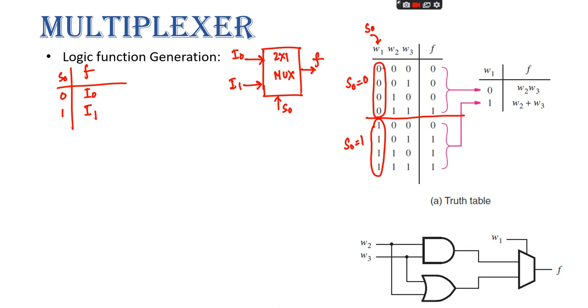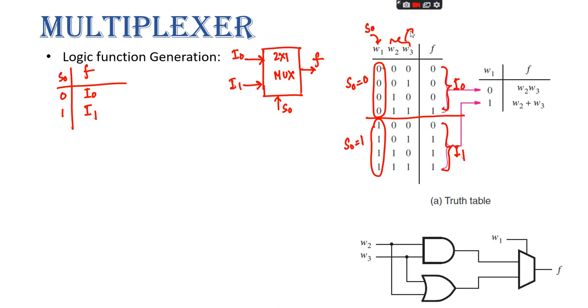Yes, sir. So these 4 represent I0 and these 4 represent I1, right? Yes, sir. So among the 3 inputs, we have used only one as the control input. So how many are left?